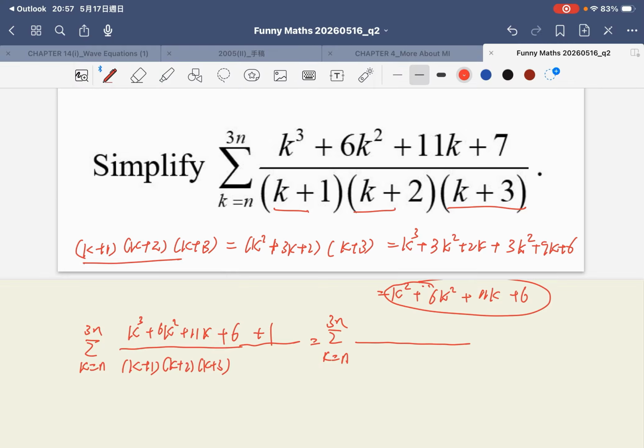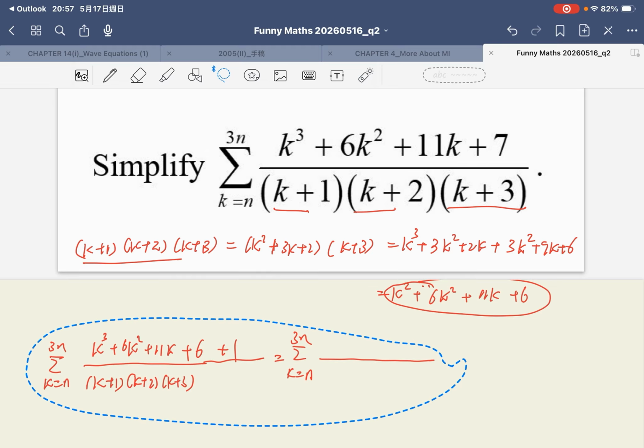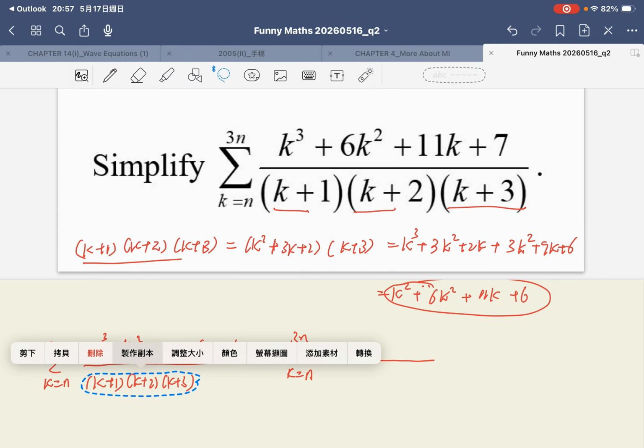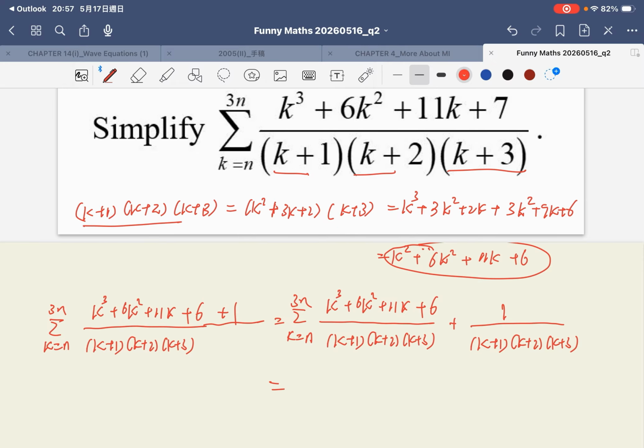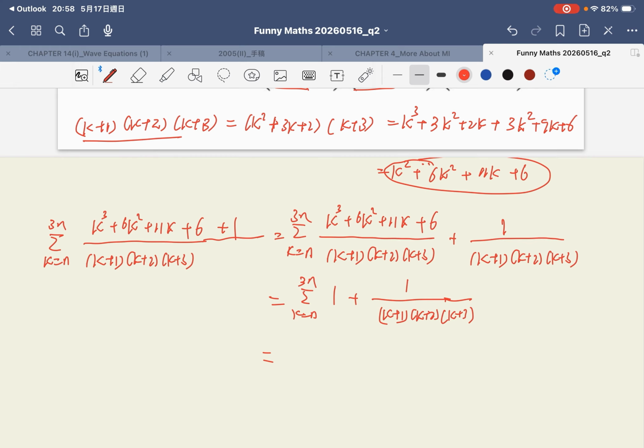One part is so nice, 6, 6, 7, and also plus 1 over (k+1)(k+2)(k+3). For the first part, the sum gives 2n plus 1.